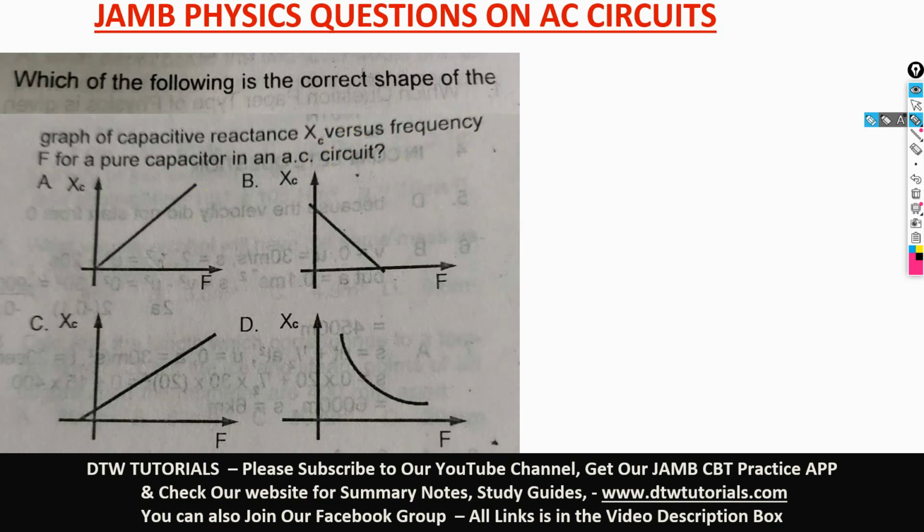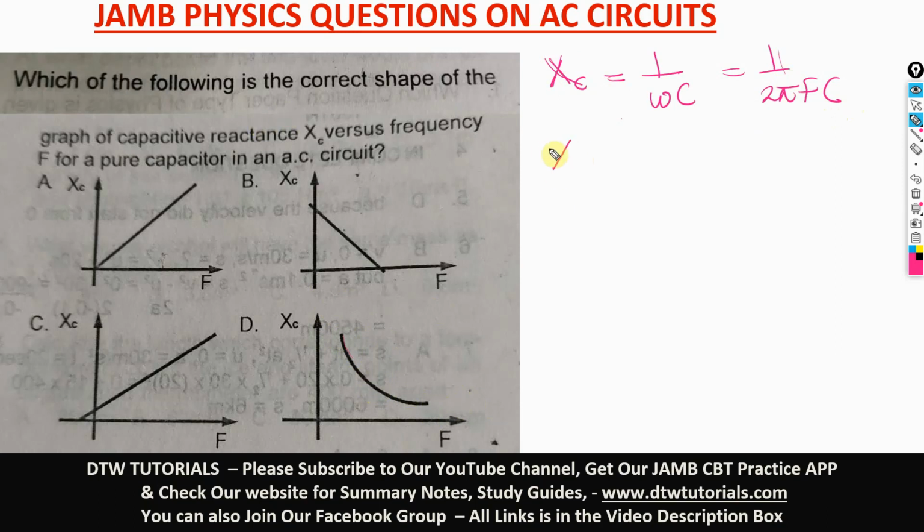Now, for a pure capacitor in an AC circuit, remember your formula, XC is equal to 1 over WC. Look at it. The graph of capacitive reactance versus frequency, this is equal to 1 over 2 pi FC. So we have XC equal to 1 over 2 pi FC. So this is going to be varying, and the curve would be like this.